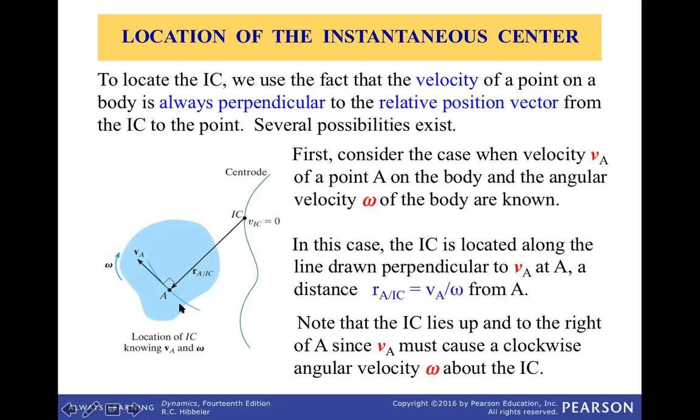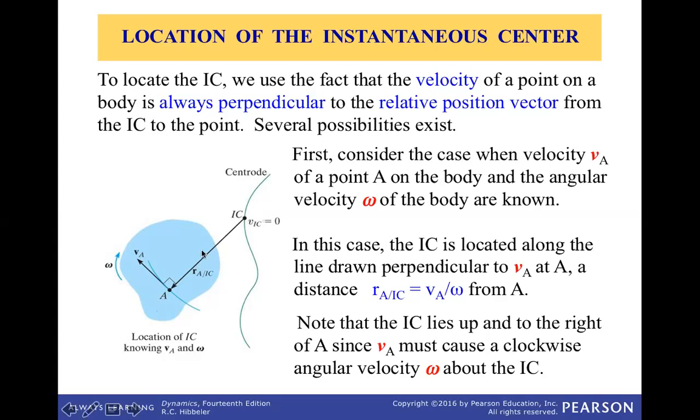The first scenario you might have is that the direction of the velocity is known for a particular point on the body, and you also know the magnitude. So one velocity is known, including position, direction, and magnitude. If you also know the rotational velocity omega, then you can locate where the IC is. You draw a line perpendicular to the velocity.